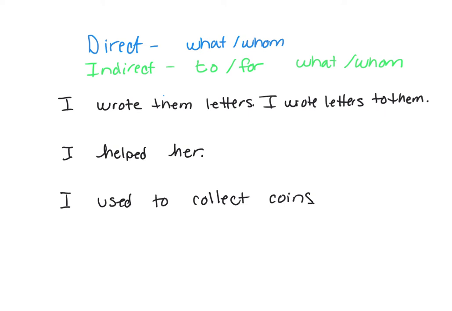So make sure you ask yourself the question in your head, does it make sense to say to them or just them? And if it does make sense to say to them, then you're going to know that that's the indirect object. So we said that letters was our direct, and them is our indirect.